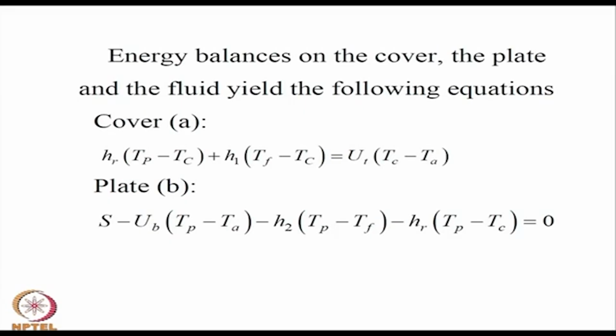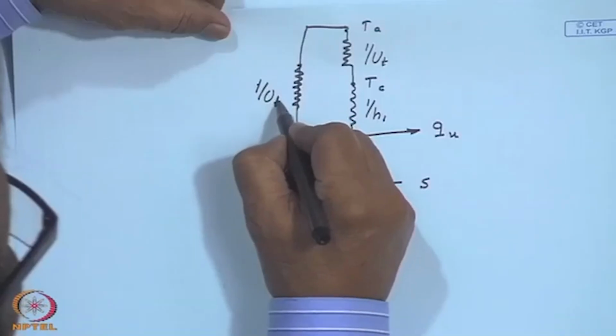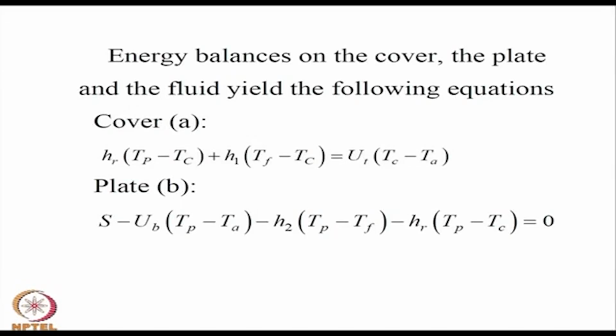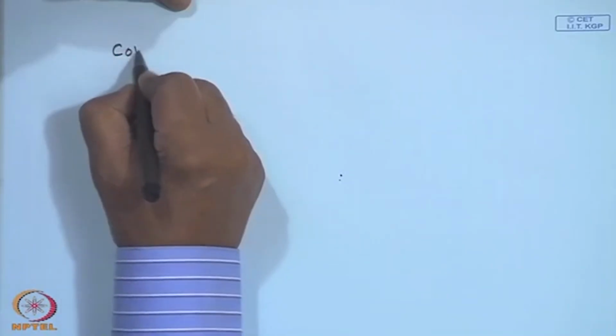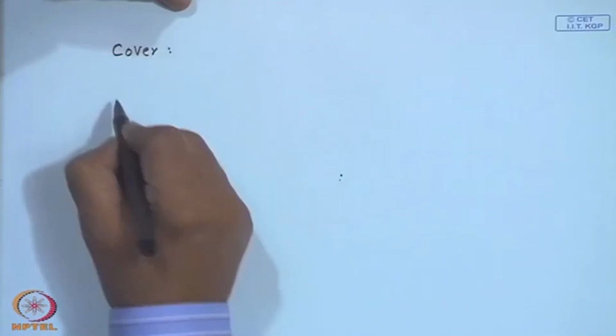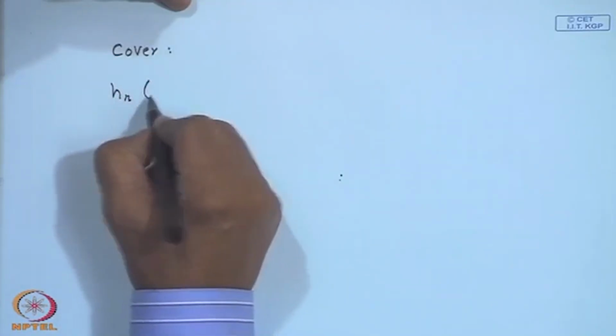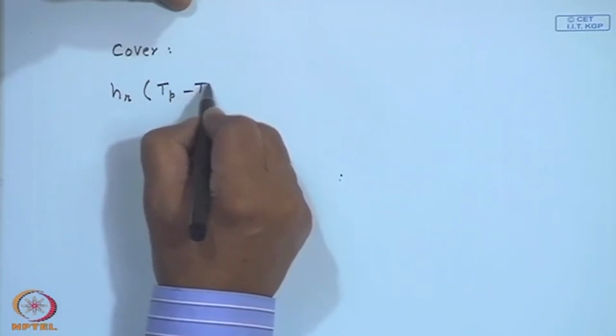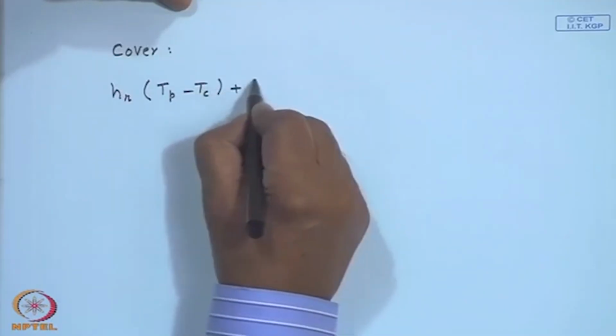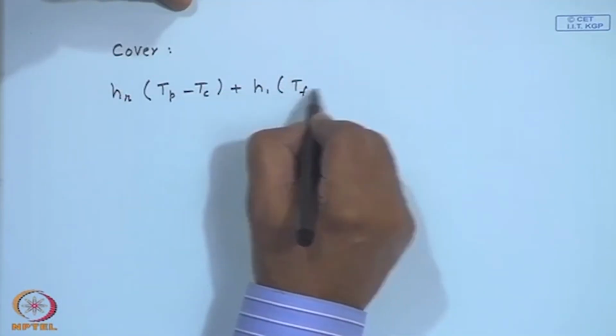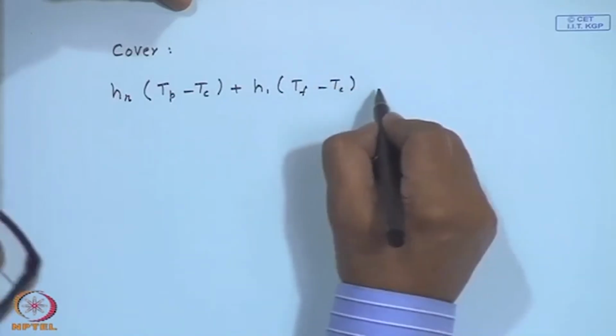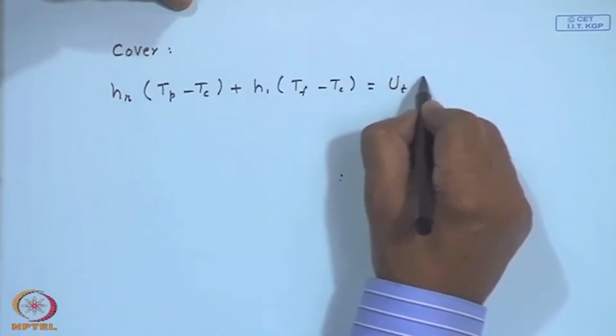Now, you have the energy balances. This is Ub. On the cover, Hr times (Tp minus Tc) plus H1 times (Tf minus Tc) should be equal to Ut times (Tc minus Ta).